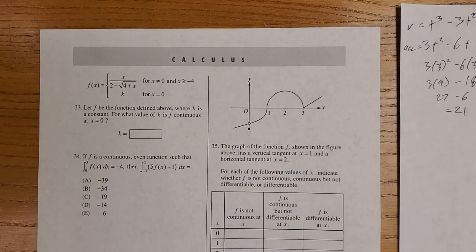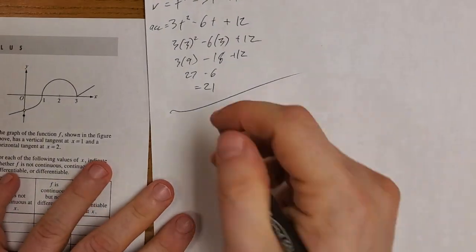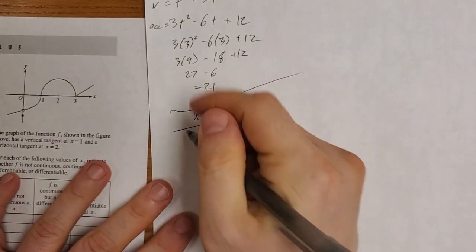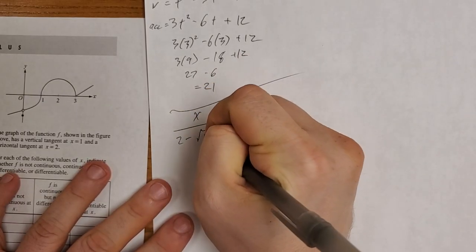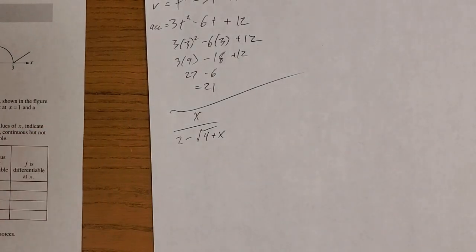So again, it's basically asking us what is the limit of the function as x approaches 0. All right, so we're gonna take it over here. We have x over 2 minus square root of 4 plus x.